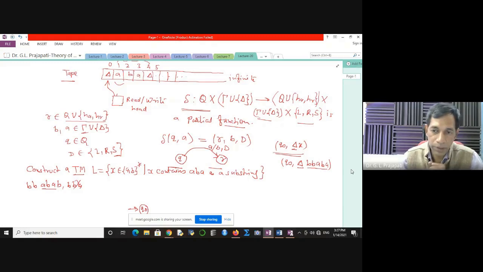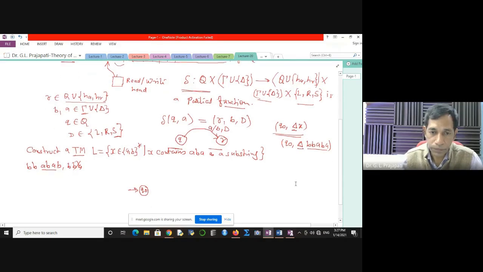Your Turing machine should decide whether this string is in the language or not. So how can it decide? Your Turing machine starts from Q0 and goes to the state Q1. The first job is, your tape head is at square 0, so it has to read the input.